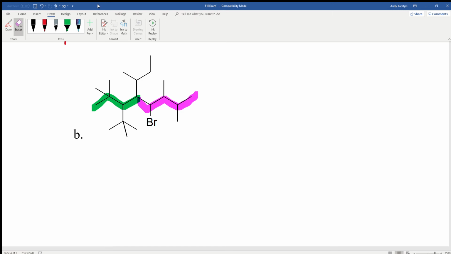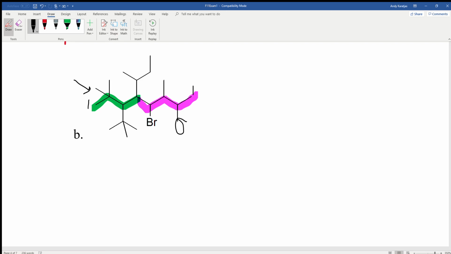Now we need to decide which direction to number this chain. So if we start over here with carbon 1, we'll find our first substituent, a methyl group, is on the second carbon. If we start with 1 over here, we also find a methyl group on the second carbon.